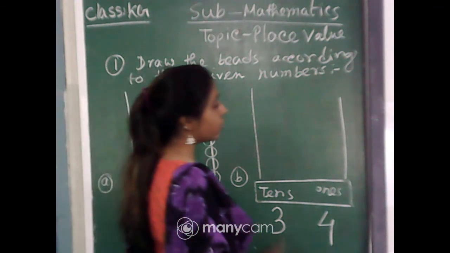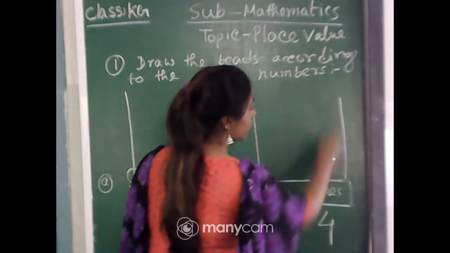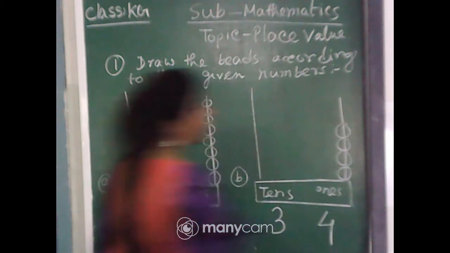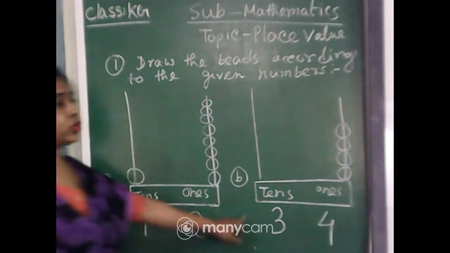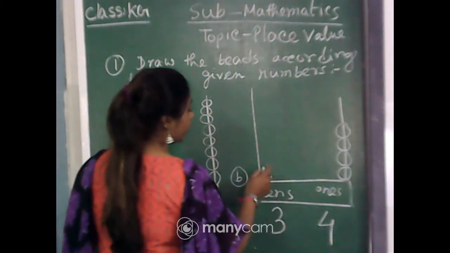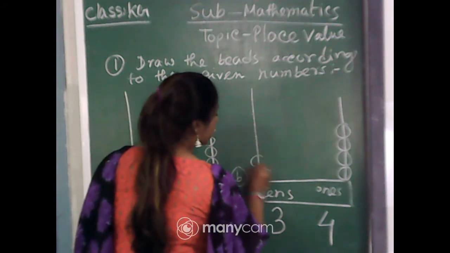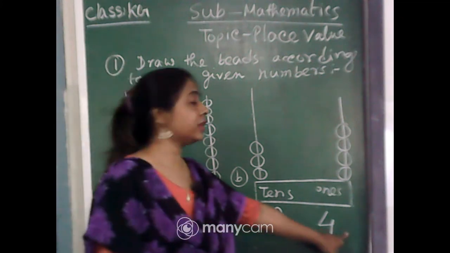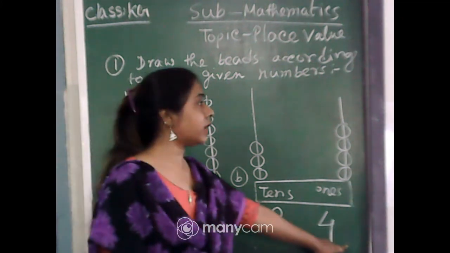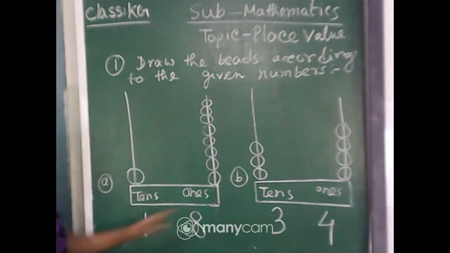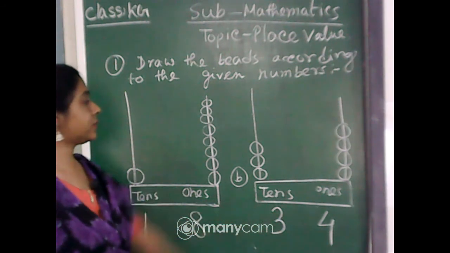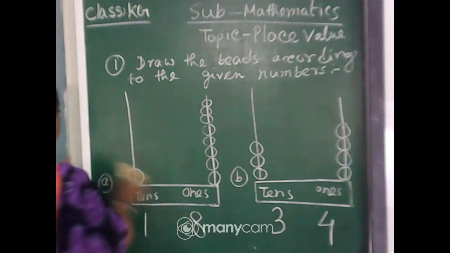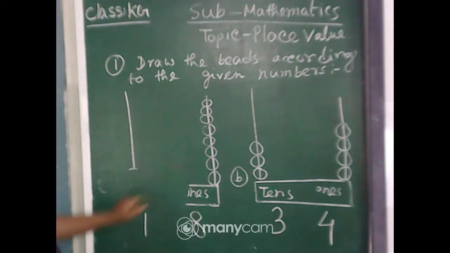So now we are drawing 4 ones, that means in the ones column 1, 2, 3, 4, 4 beads. And in the tens column we will draw 3: 1, 2 and 3. That means 3 tens, 4 ones. It is our number B answer. Okay, all of you have written this.